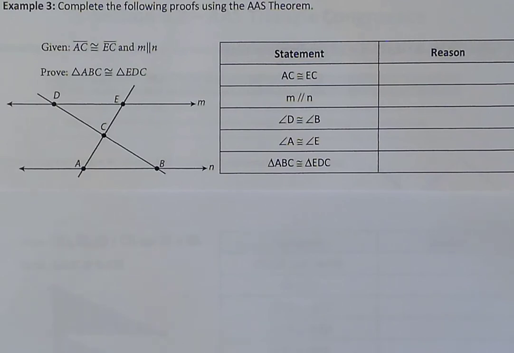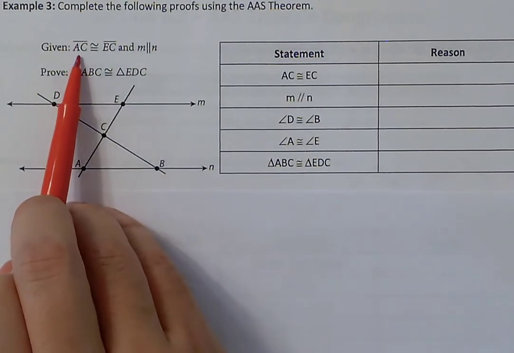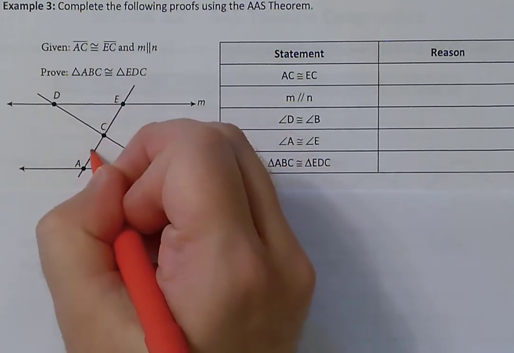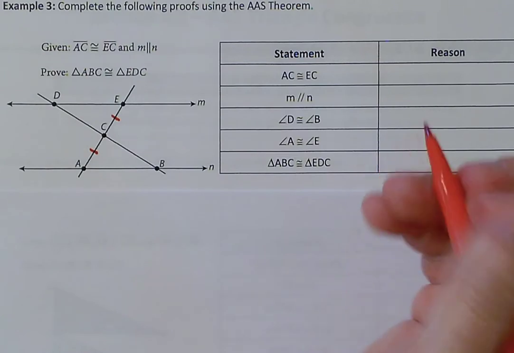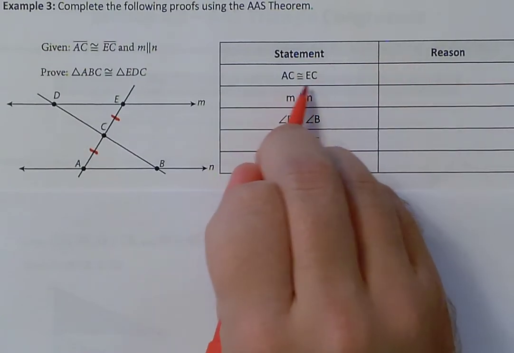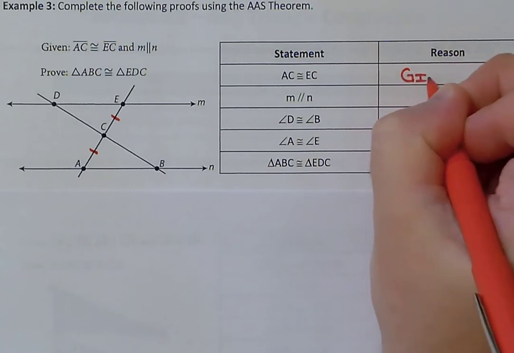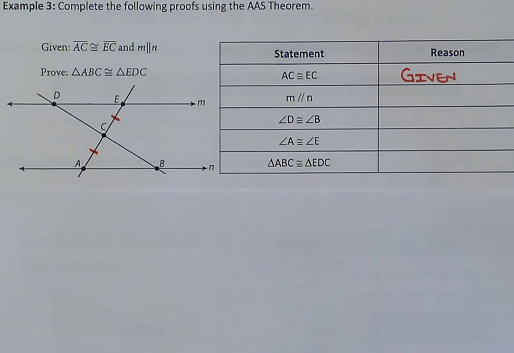All right, for the first proof, they tell us given AC is congruent to EC. So what they're saying is that this side is congruent to this side. My first statement here is that AC is congruent to EC, and because they told me that, we can say given.